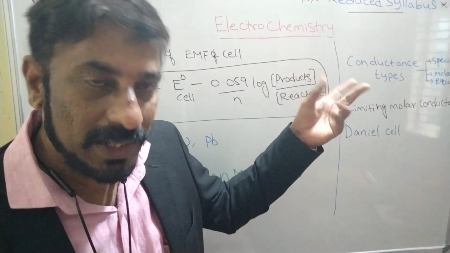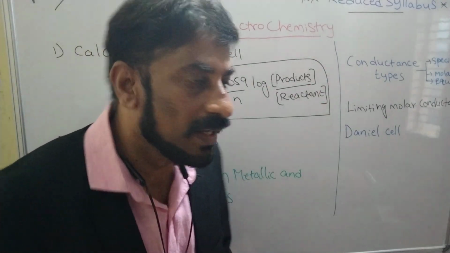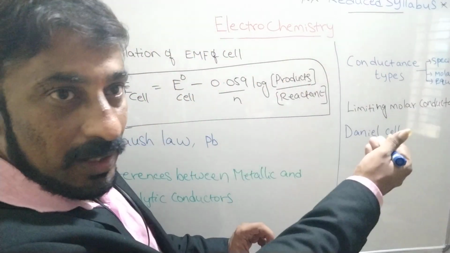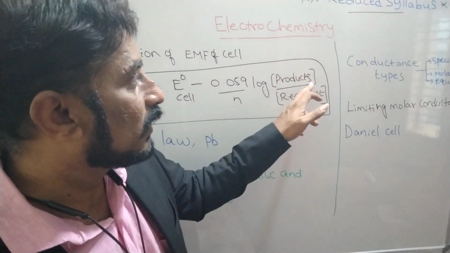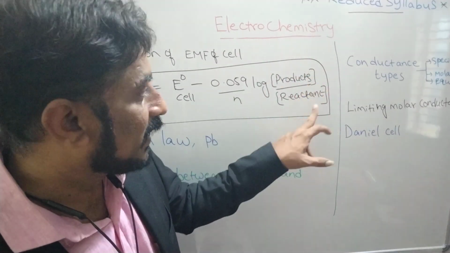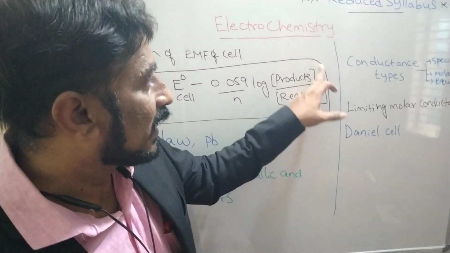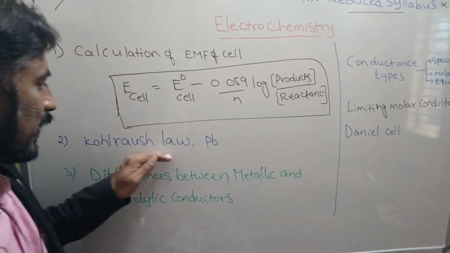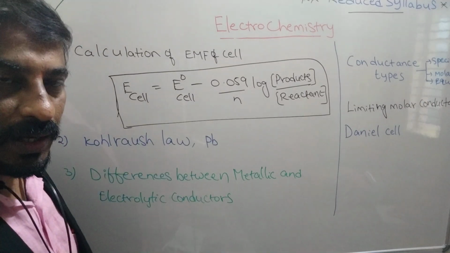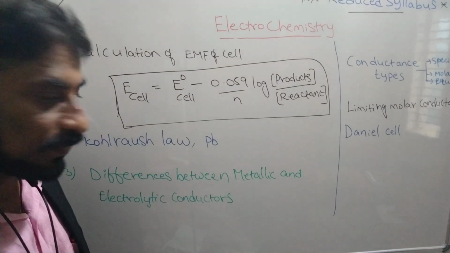If 1 is there, you take 1 only. Like that, concentrations of product side by reactant side. The number of moles present for reactants or products are taken as powers.